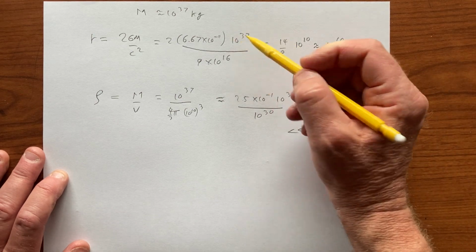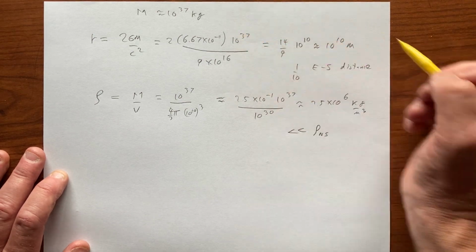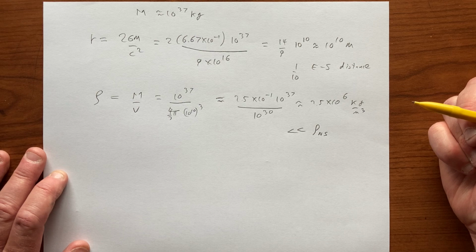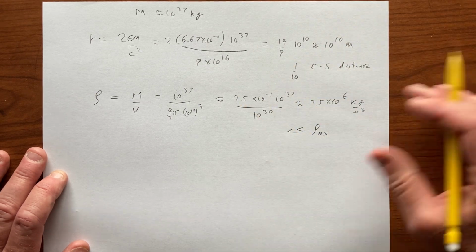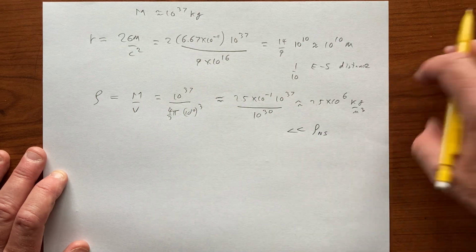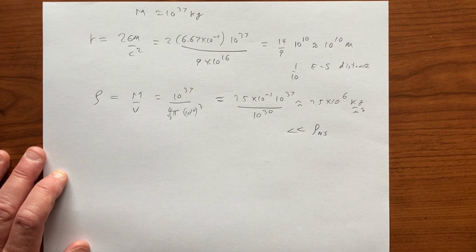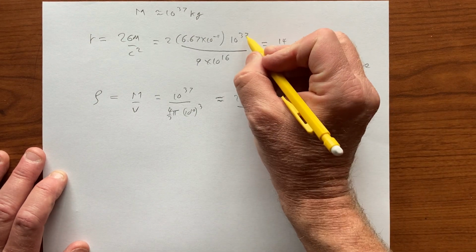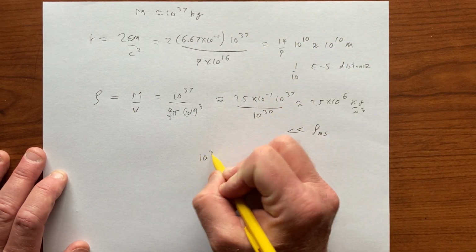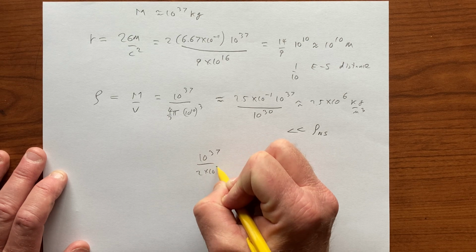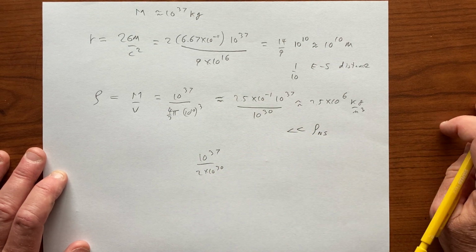And this amount of mass is in a region that's basically the volume of the inner solar system, where the sun is. We have 10 to the 37 kilograms, and 2 times 10 to the 30 kilograms for the sun.